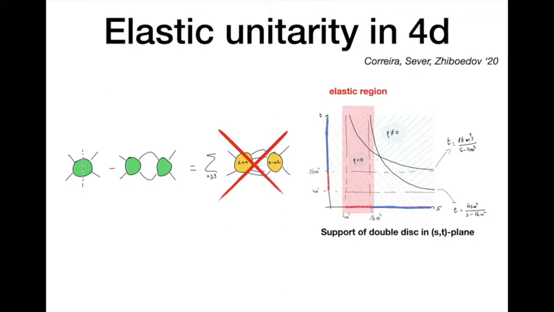And based on that seemingly elementary observation, you can derive a whole lot of very far-reaching consequences that are related to the fact that by crossing, you will be able to relate stuff that happens at very large T to stuff that happens at low T, for instance, and that has lots of important implications. And again, I refer to this for more details on that.